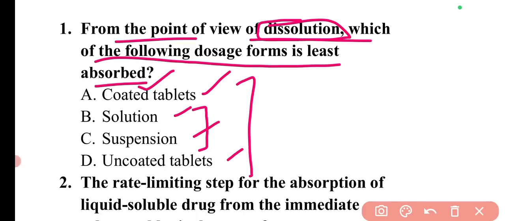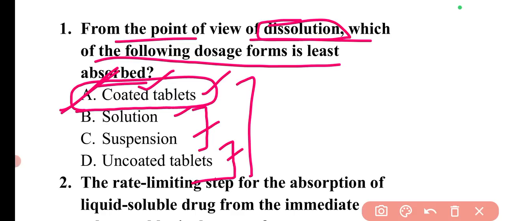Uncoated tablets will be absorbed later as compared to solutions and suspensions, because the tablet first breaks down and goes into solution, and then it is ready for absorption. For coated tablets, first the coating layer has to break down, which does not break down in the gastric acid.